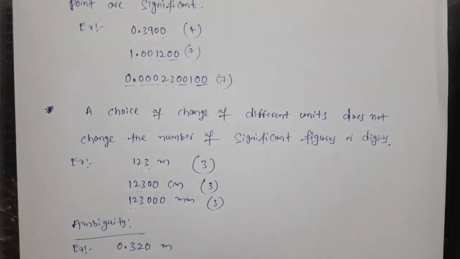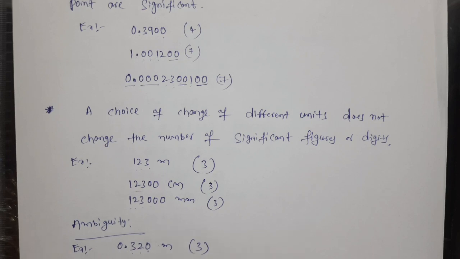Now how many significant figures are there? 3, 2, and this is a trailing zero but after the decimal point, so it is also significant. So total 3. Now write down this value in centimeters. That is 32.0 centimeters. So 3, 2, and the trailing zero after the decimal point is also significant. So total 3.